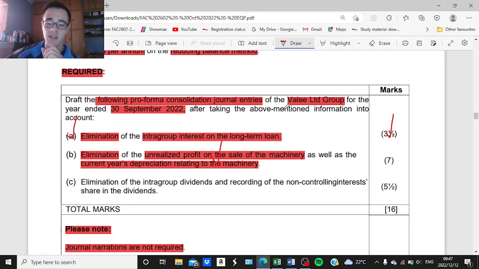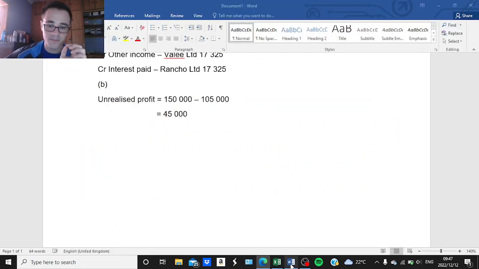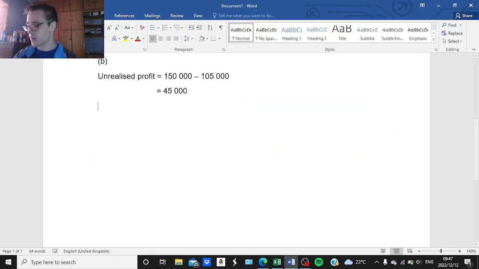We have eliminated the unrealized profit, but now we need to eliminate the current year's unrealized depreciation. But for the sake of completeness, we will remove all unrealized depreciation, so also the unrealized depreciation in respect of the previous period. How do we calculate that? Because we are using the reducing balance method, we need to calculate first the unrealized depreciation in respect of the previous period.